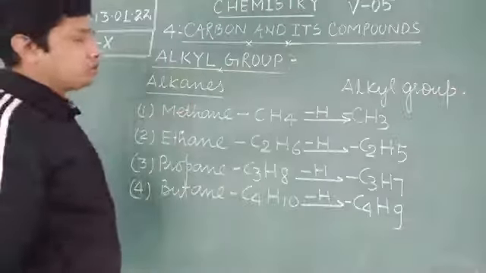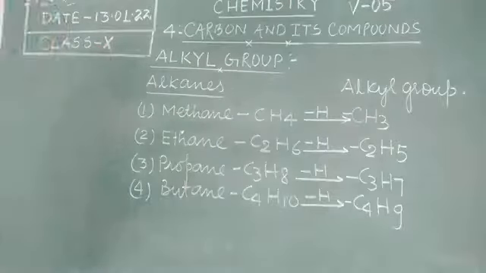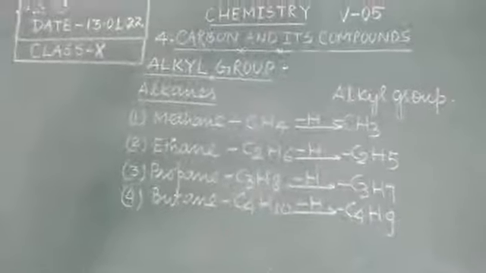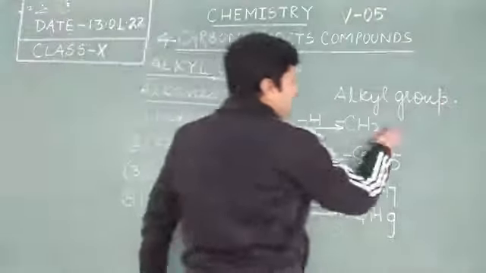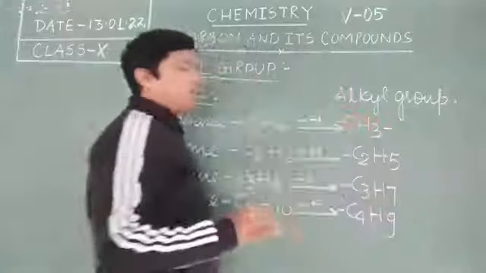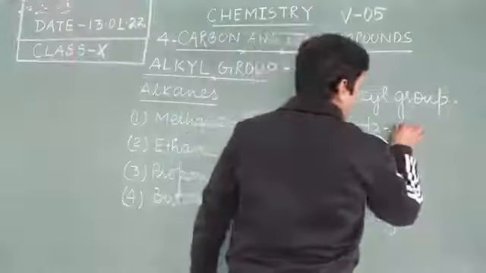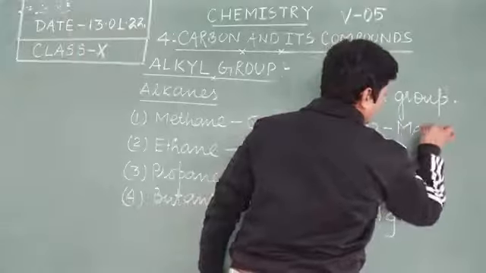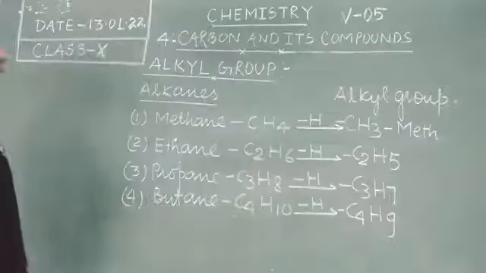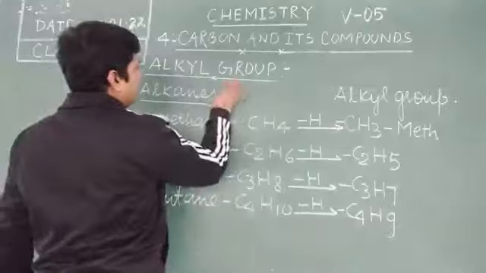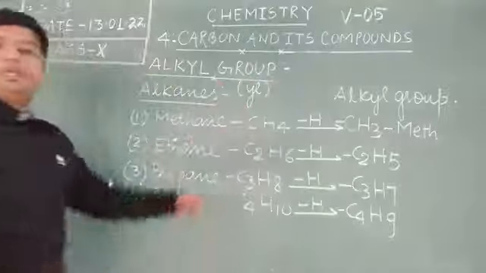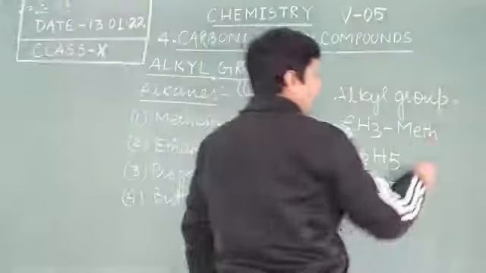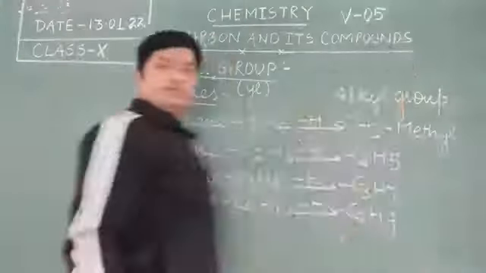What is the name? According to the IUPAC nomenclature, how can we write the name of these alkyl groups? We know that the first member contains one carbon atom. For one carbon atom, we write the word meth, and since it belongs to the alkyl group, we add the suffix yl with the main carbon chain, and it becomes methyl.